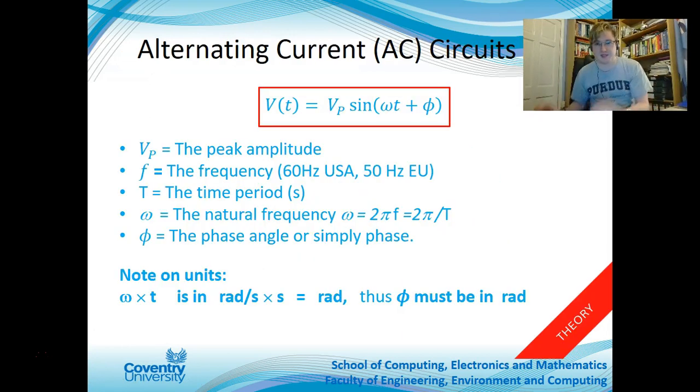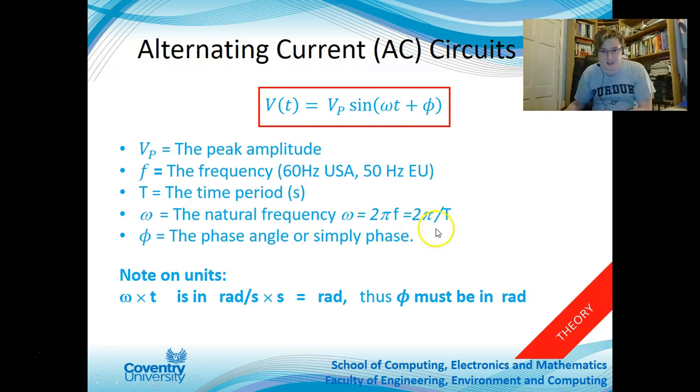We can express that mathematically using this equation: V(t) equals Vp sine of omega t plus phi. Vp is the peak value we were talking about just now. Sine is the sinusoidal waveform. Omega is our angular frequency, which is equal to 2 pi f.